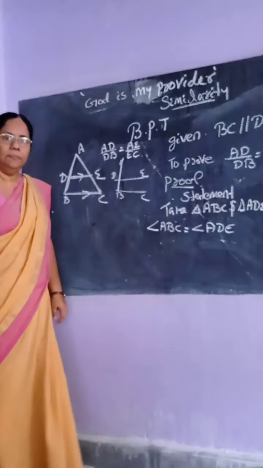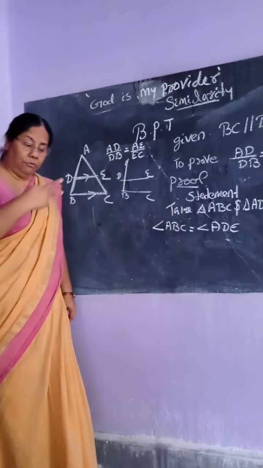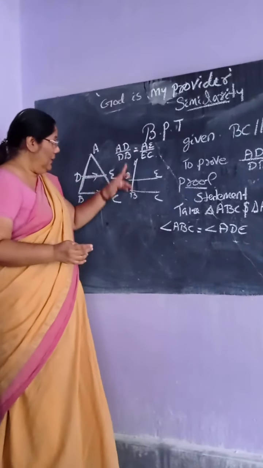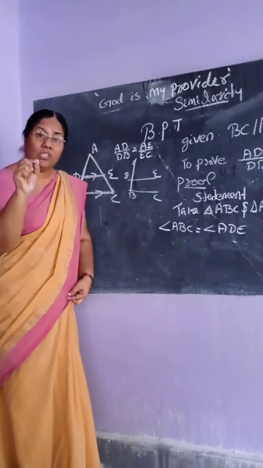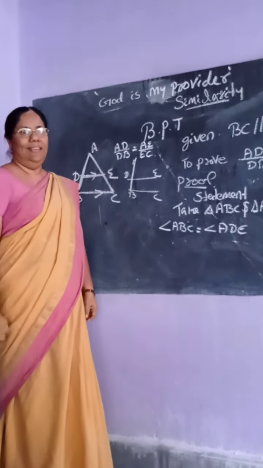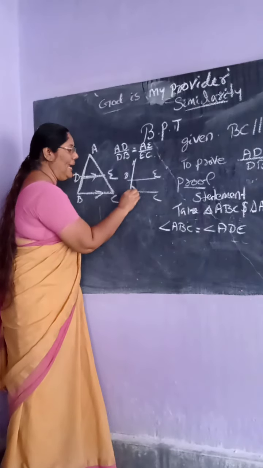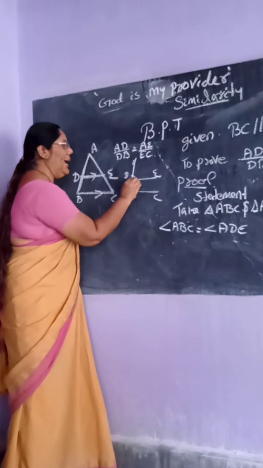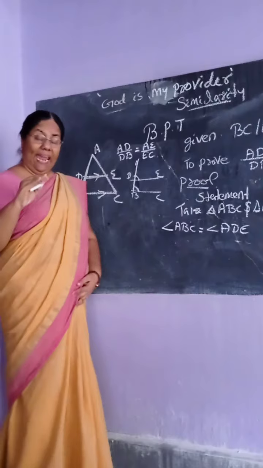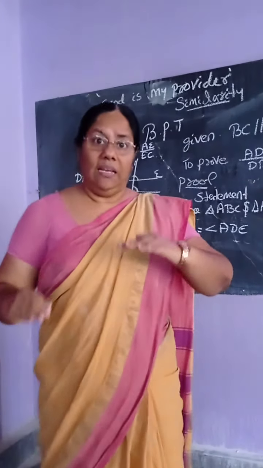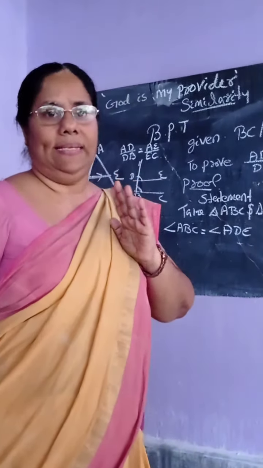Suppose like this. If two parallel lines are there, this is known as the transversal, isn't it? Then this angle B, shortly you can say angle B, and that angle D. They are just above the parallel lines.